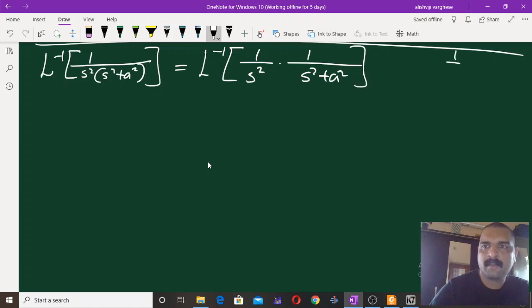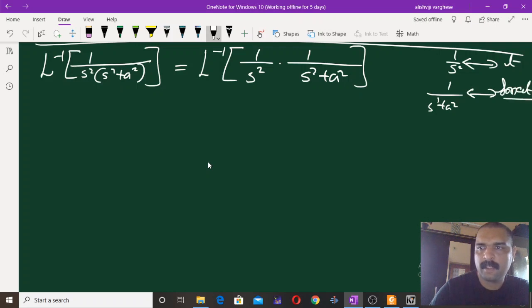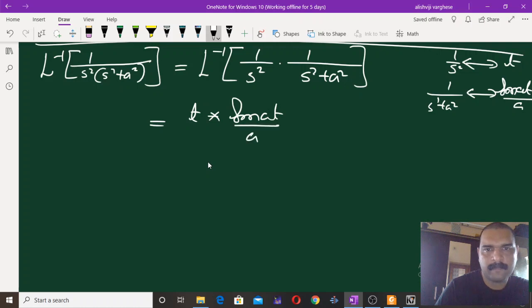This 1 by s square is the Laplace transform of t, and 1 by (s square plus a square) is the Laplace transform of sine at divided by a. So this is equal to the convolution of two functions. One is t and the other one is sine at divided by a.